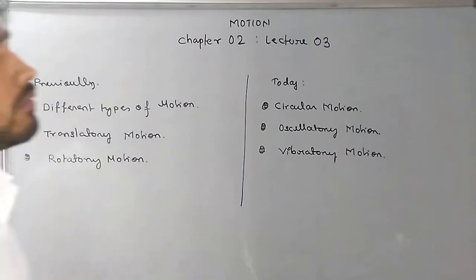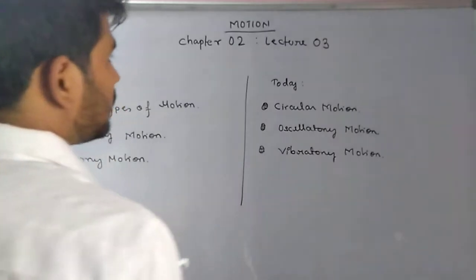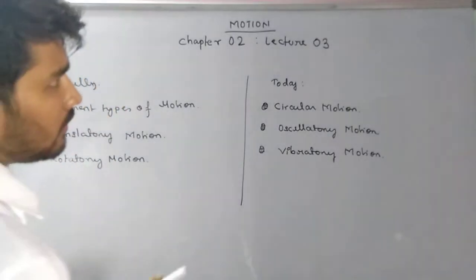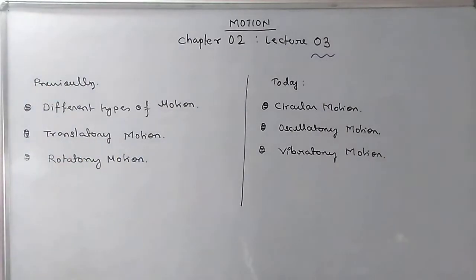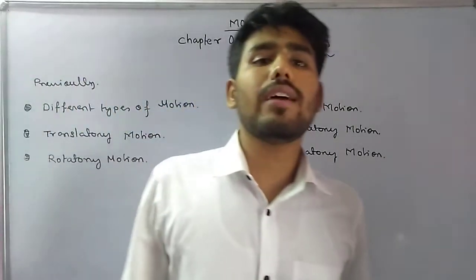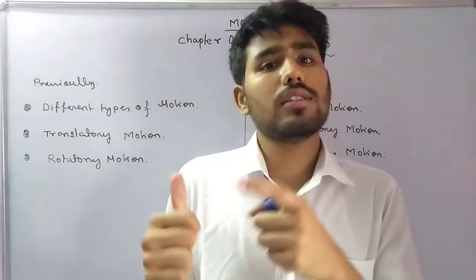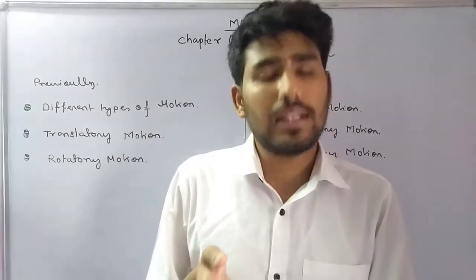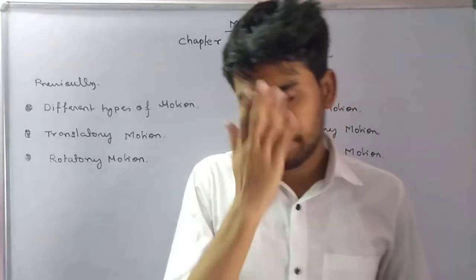Okay, we'll continue with our discussion in the chapter Motion. Now we have moved on to lecture 3. Previously, in the first lecture we discussed rest and motion, and the fact that these two terms are relative.